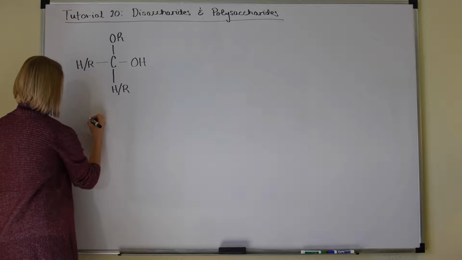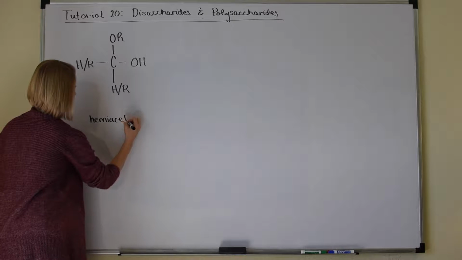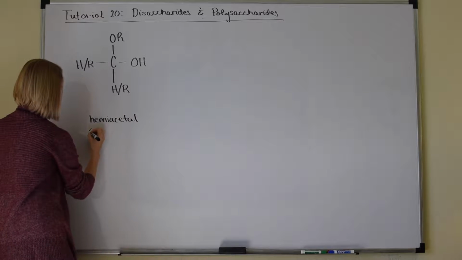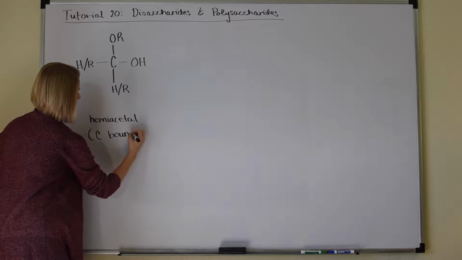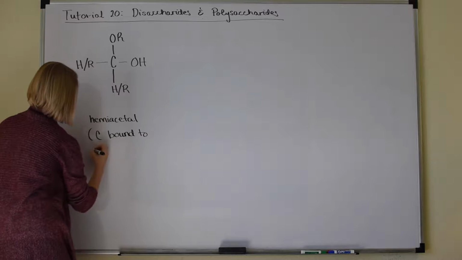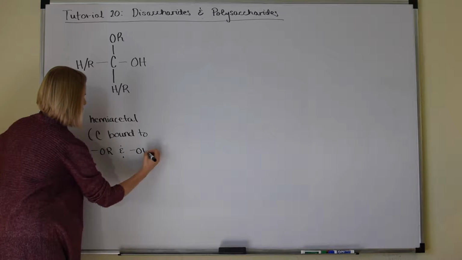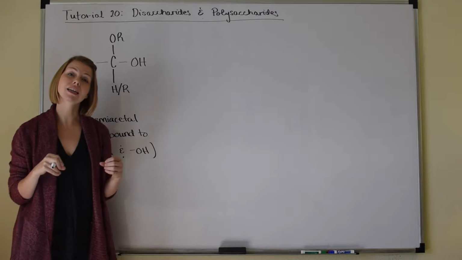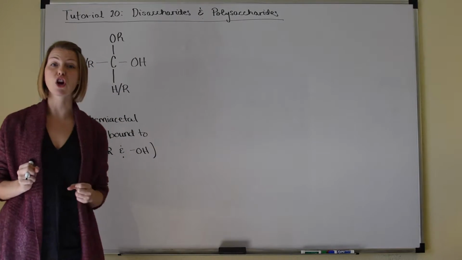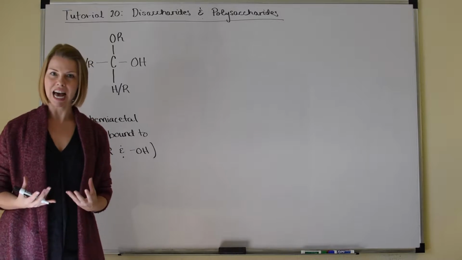All right, so let me write here, hemiacetal. And just a reminder, a carbon in a hemiacetal is bound to an OR and an OH. Okay, that's what makes that a hemiacetal. Well, a hemiacetal can further undergo reaction with an alcohol to form an acetal.